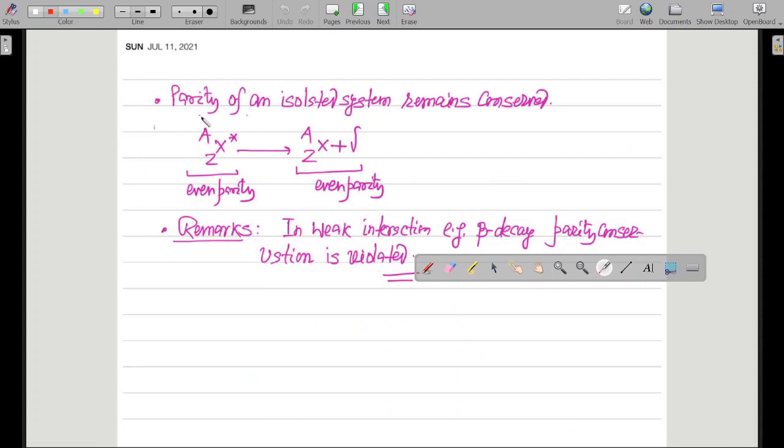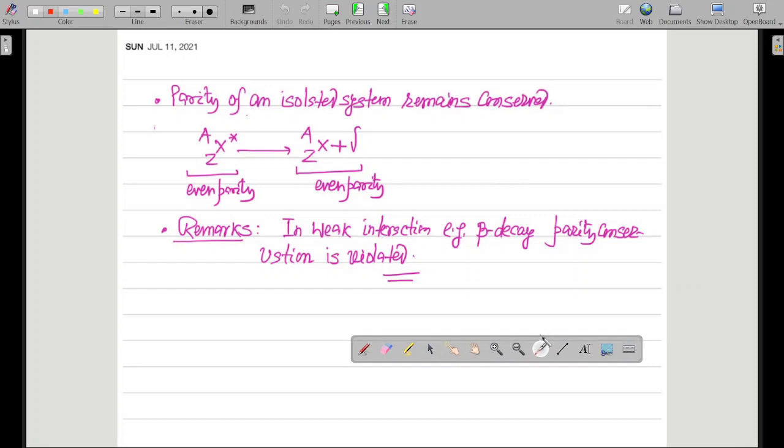The parity of an isolated system remains conserved. Now what does an isolated system mean? An isolated system is such a system in which there is no interaction with the rest of the world. The nucleus is in itself isolated.